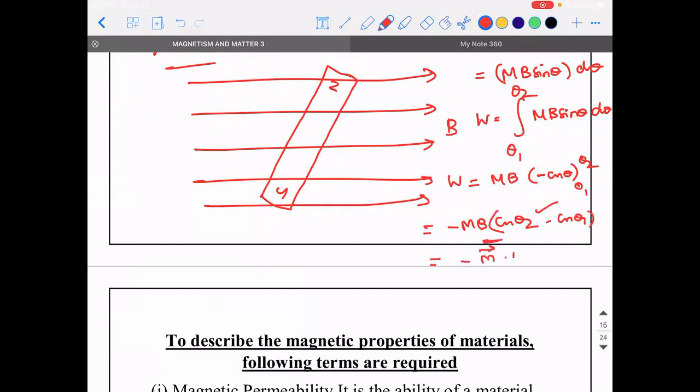In short form, you can write it as minus m vector dot B vector.